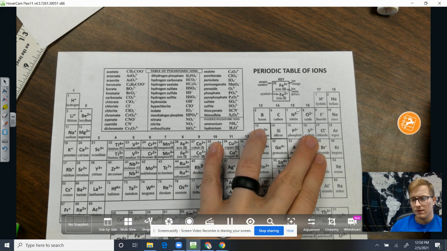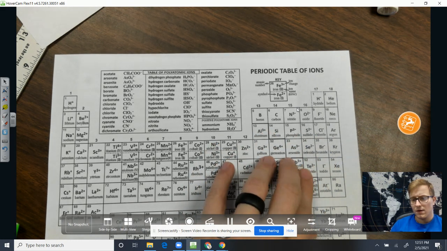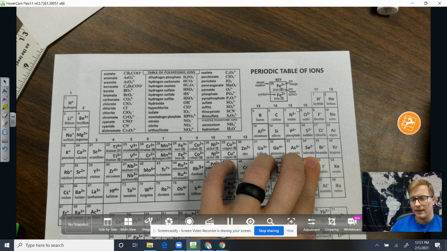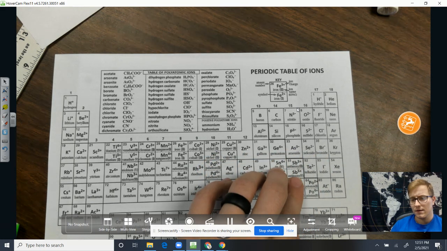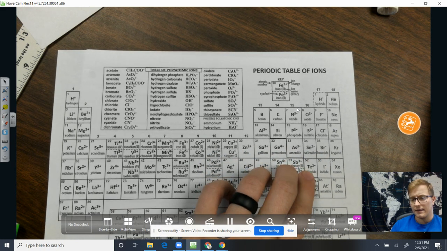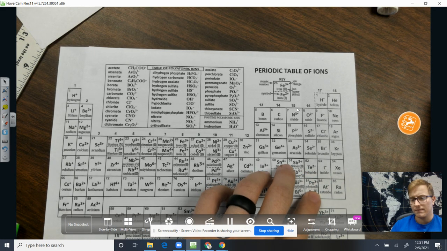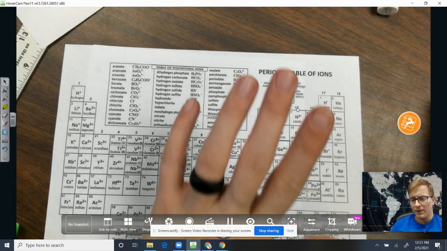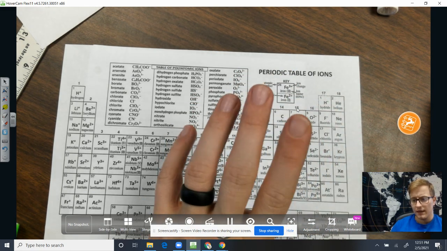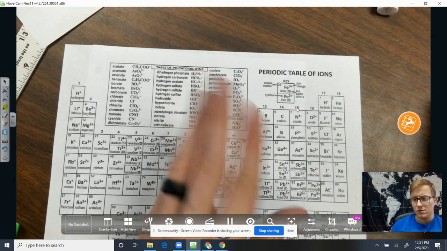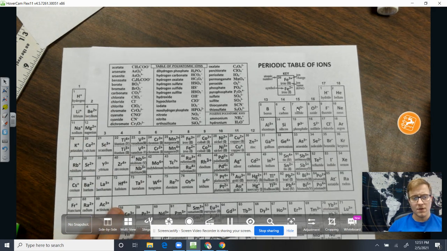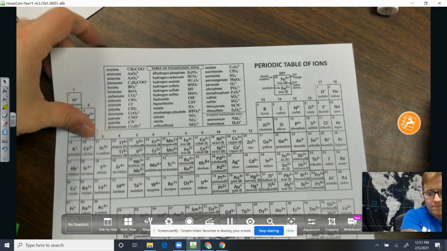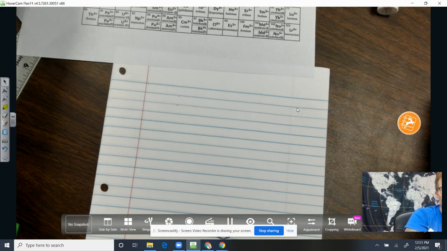Phosphorus, sulfur, chlorine. Arsenic, selenium, bromine. Iodine, tellurium, and astatine. This is helping you tons because it's already changed your names to "ide." That's our first step if you're just given a regular periodic table.